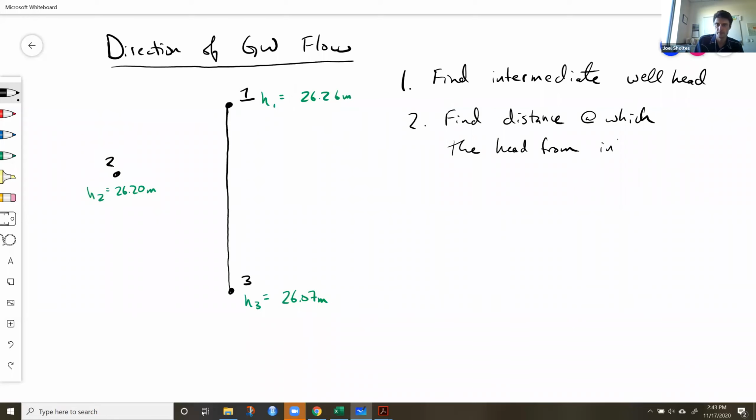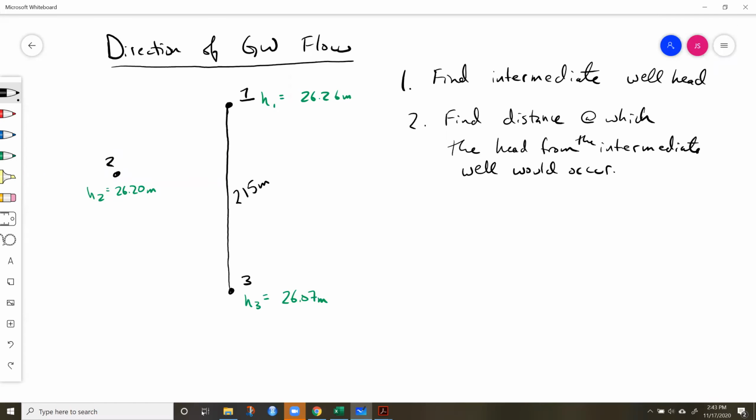Anybody? Well, you just need the distance between the 2 wells. Yeah, we do need that distance between the 2 wells. So I'm going to give that to you, 215 meters. How do we find the distance to where this 26.2 would occur between these 2 points? You just plug it into the linear interpolation equation. There you go. All right, linear interpolation.